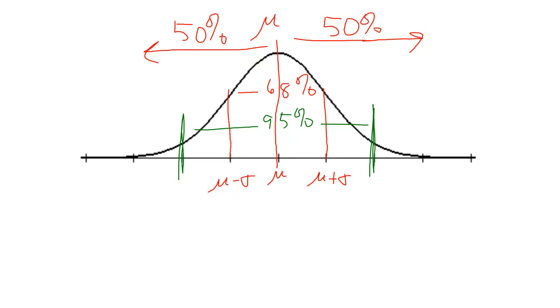And we're going to go one more, from 3 standard deviations below to 3 standard deviations above. 99.7% of the data will be between 3 standard deviations of the mean. So that's what we're going to use to solve some problems, to figure out some percentages of where numbers lie using the normal distribution.